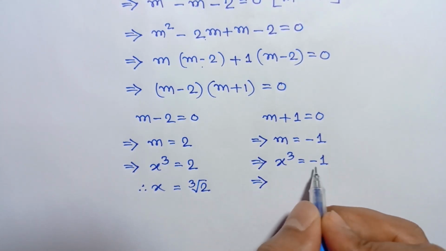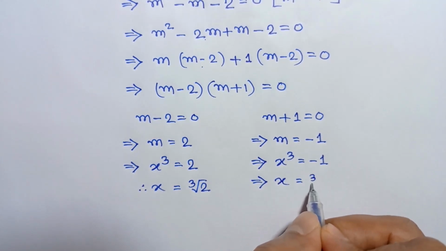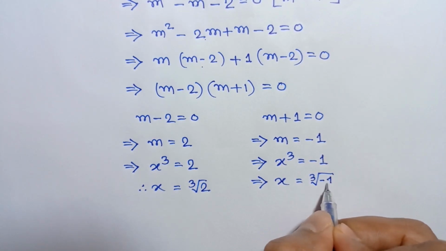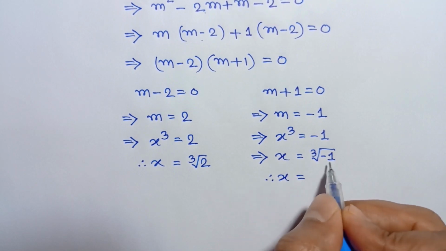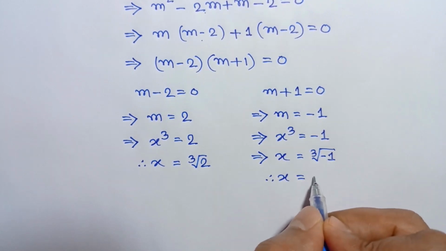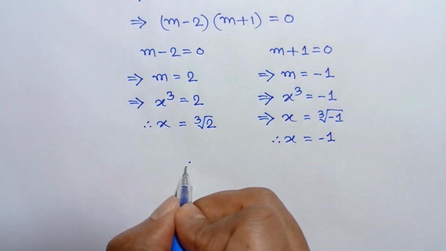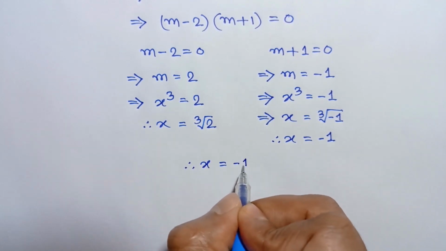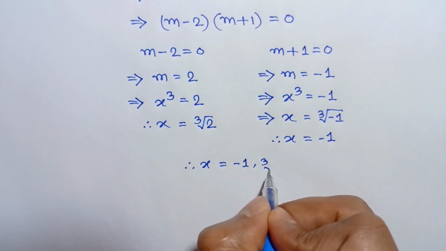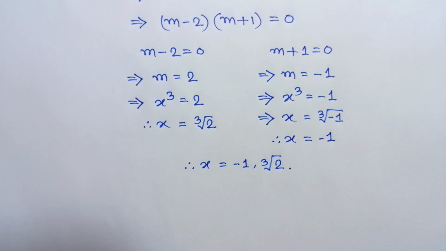Taking cube root on both sides we will have x is equal to cube root of negative 1, which is negative 1. So finally the values of x are negative 1 and cube root of 2. These are the two real solutions of this equation.